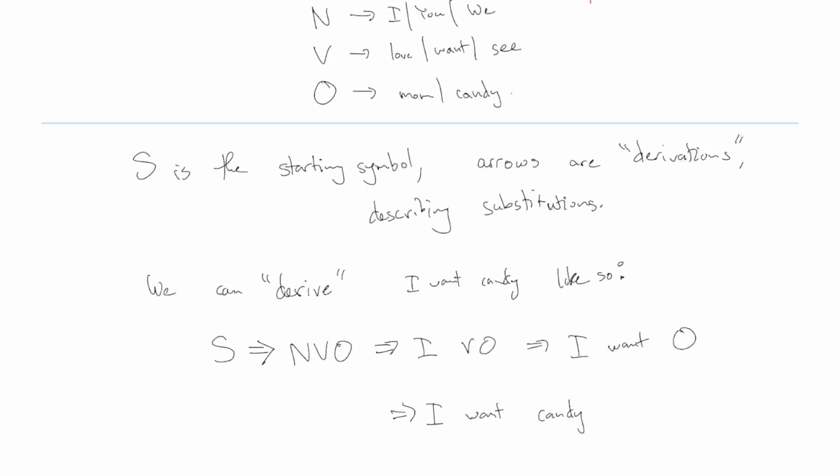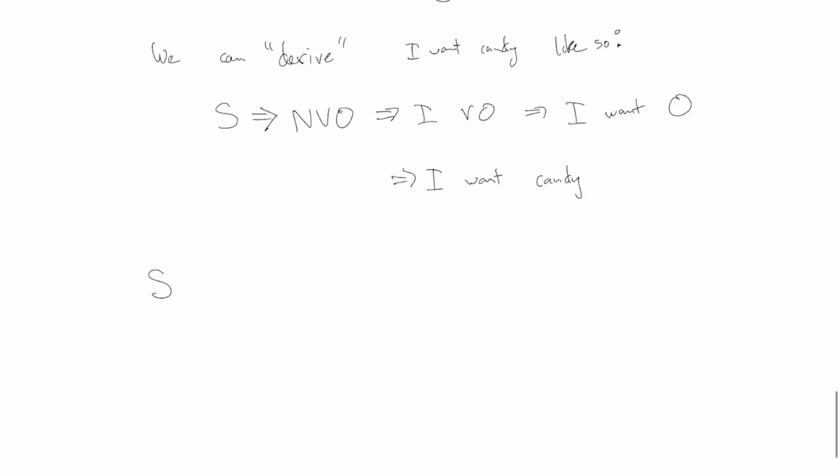Just a little simple terminology here. S is called the starting symbol. N, V, O are called non-terminal symbols. Non-terminal refers to the fact that they need to get substituted before you end up with your answer.